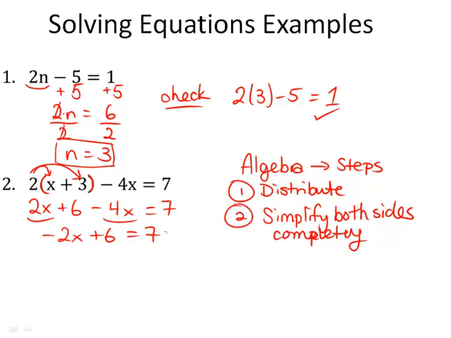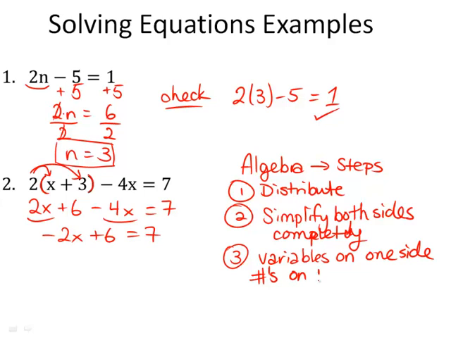Once you have simplified both sides completely, you can now work on getting your variable on its own. So you want variables on one side, numbers on the other.